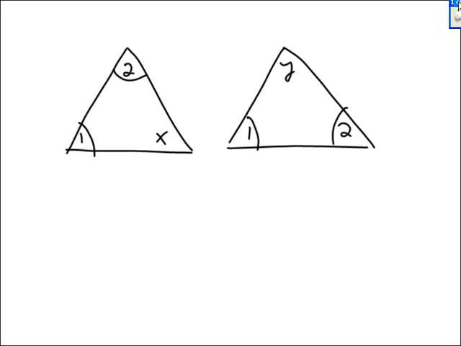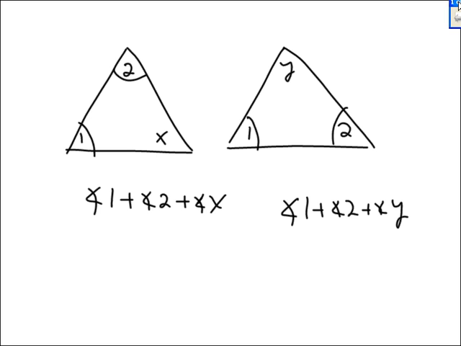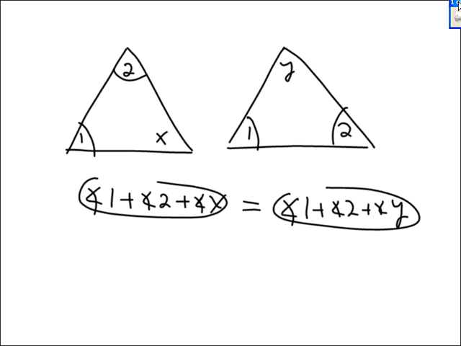And the reason is angle 1 plus angle 2 plus angle x is equal to 180 degrees, and angle 1 plus angle 2 plus angle y is equal to 180 degrees. If two quantities, like these two, both equal 180 degrees, well then they equal one another.